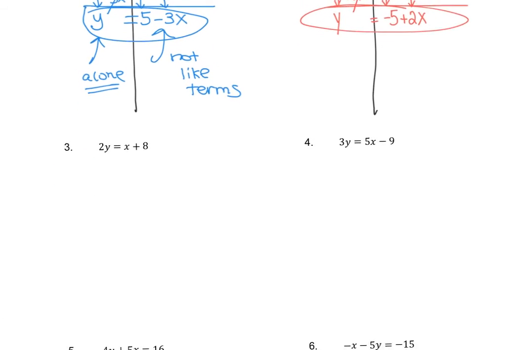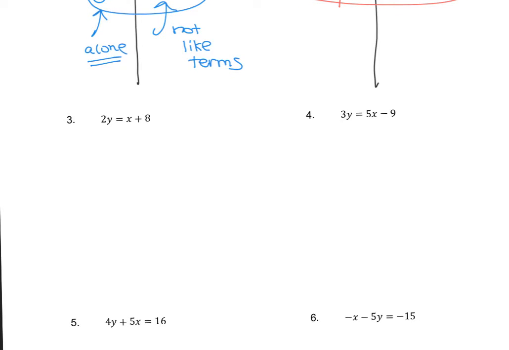Okay? Let's look at number 3. These look different than 1 and 2. And the reason they look different is because I don't have anything to add or subtract. Everything's already on the other side. But what's attached to my y?